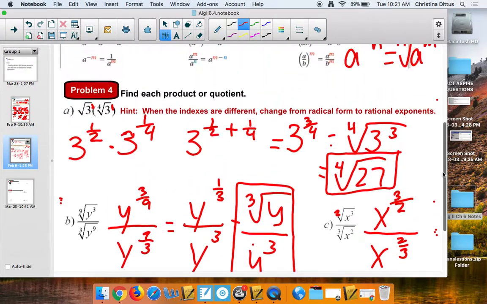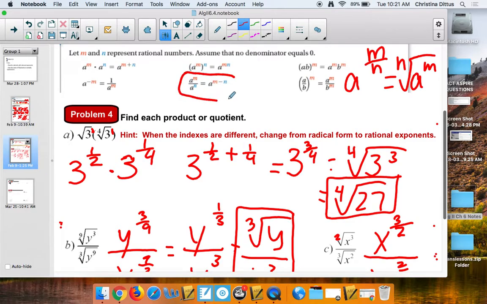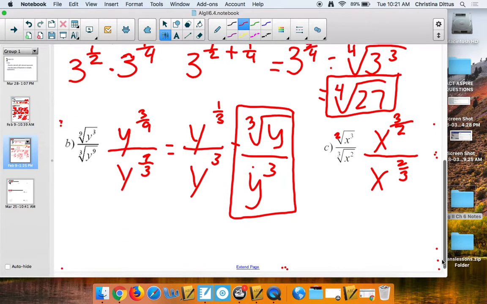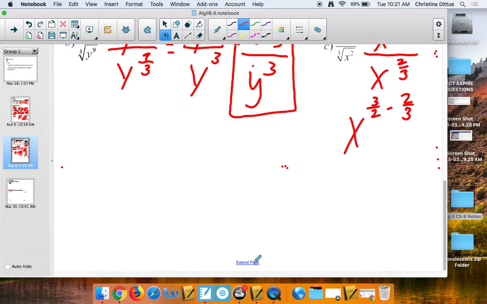When we divide and have the same base, different exponents, what do I do with my exponents? Subtract. So what do I get here? What is 3 halves minus 2/3? Brave soul. 5/6.